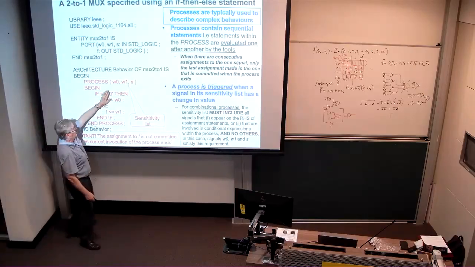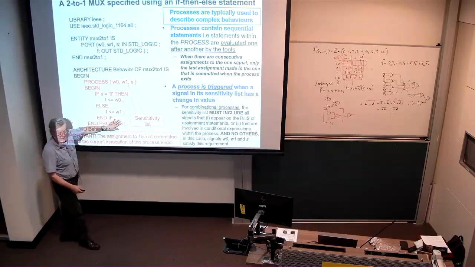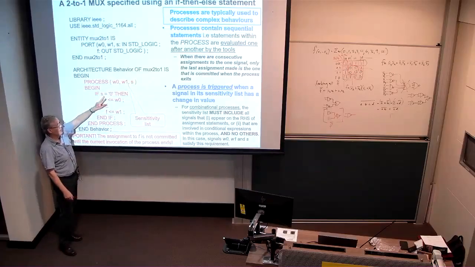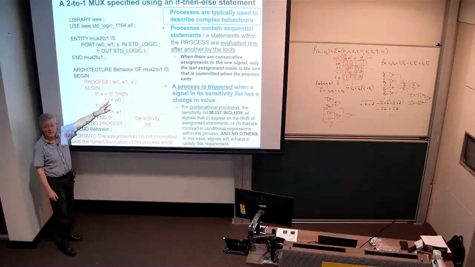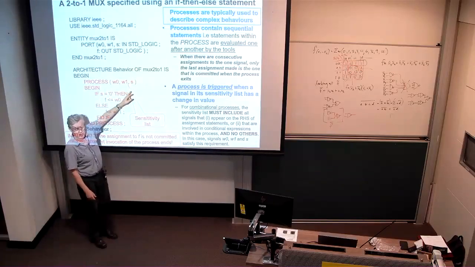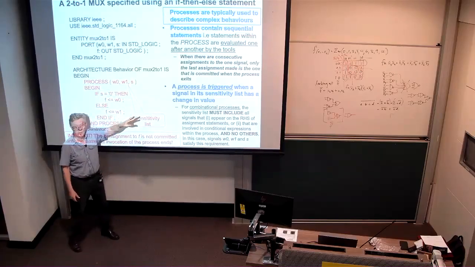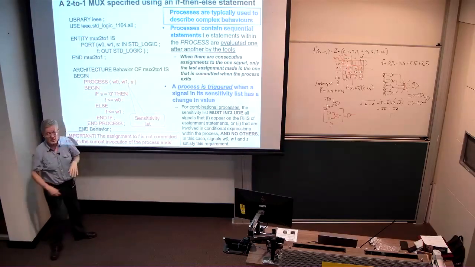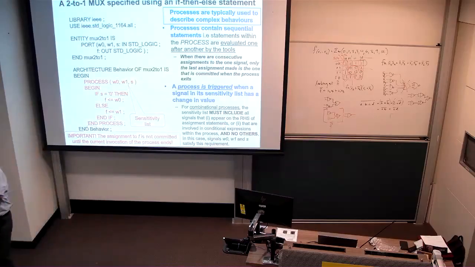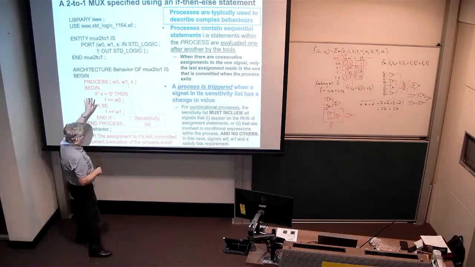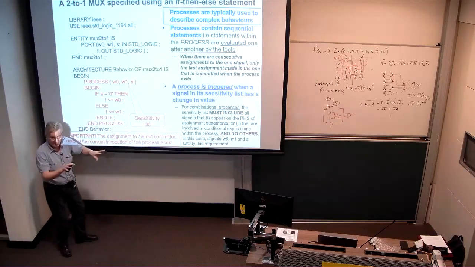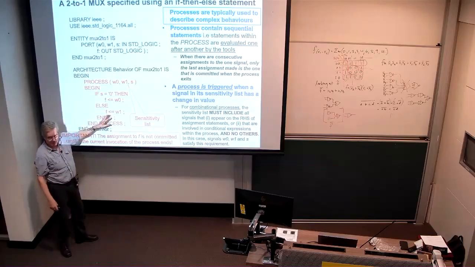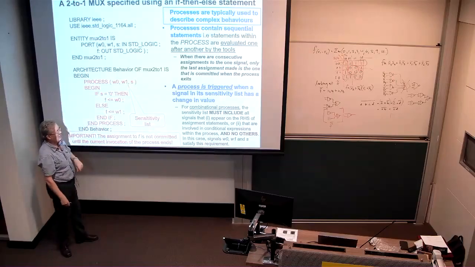So we have to include not just any signal that appears on the right-hand side of an assignment, we also have to include all signals that appear in a conditional statement in the sensitivity list. And in doing so, this process is going to be triggered whenever there's a possible change in the output. We don't want to include any other spurious signals because it's unnecessary, certainly at this stage.